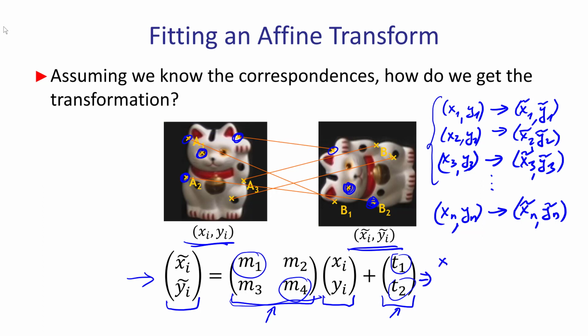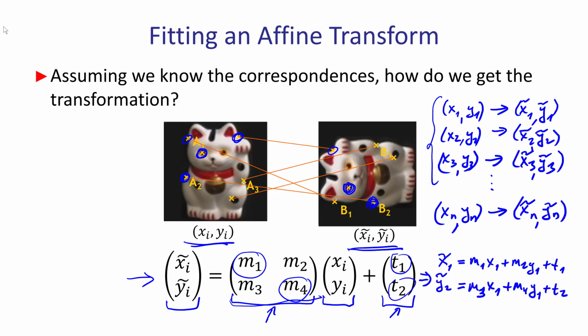So x1 tilde equals m1 x1 plus m2 y1 plus t1. Then y1 tilde equals m3 multiplied by x1 plus m4 multiplied by y1 plus t2.